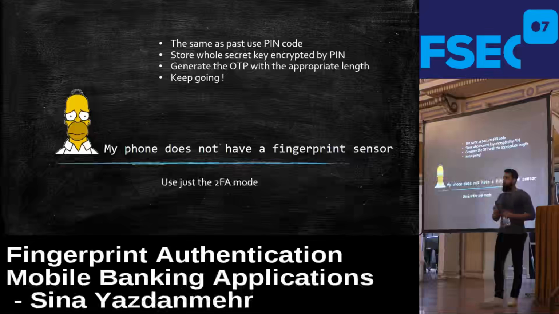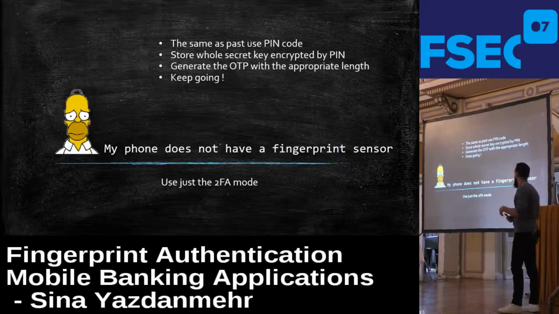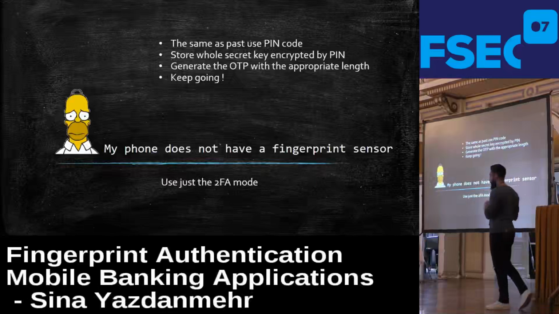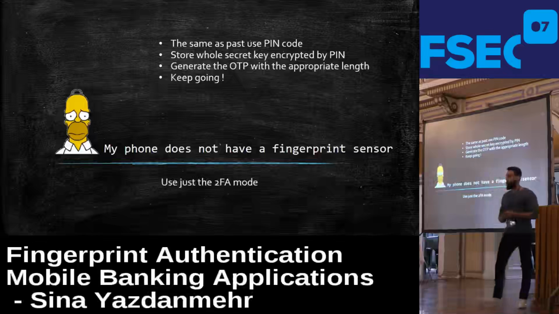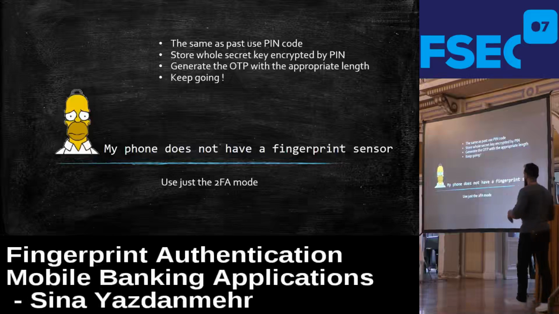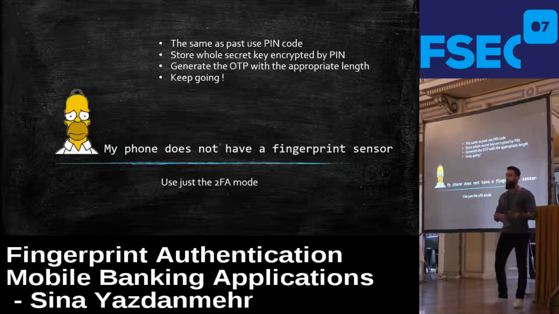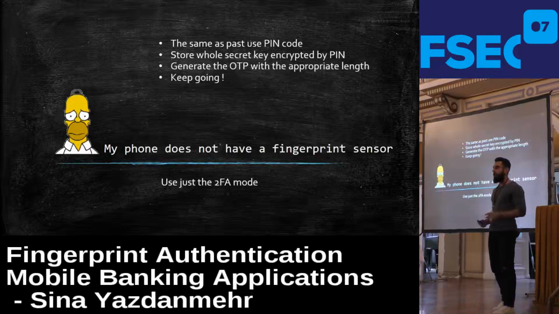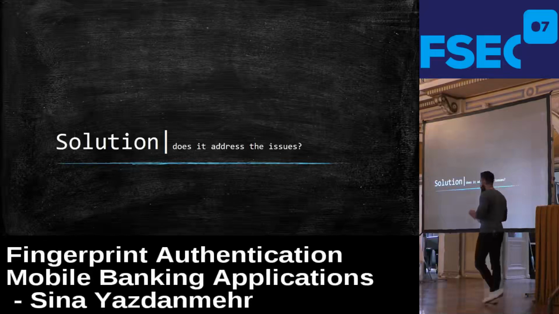When you receive the secret key, just encrypt the secret key with the PIN code and store that on the device, the same way you did it before the fingerprint sensor came to mobile phones. Nothing has changed. So again, you don't need to change anything in the server-side app, database, or in your mobile app too much.